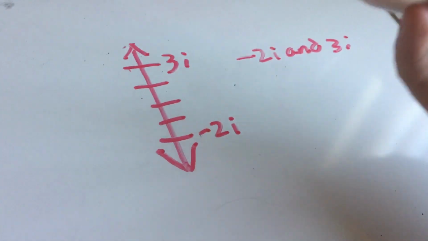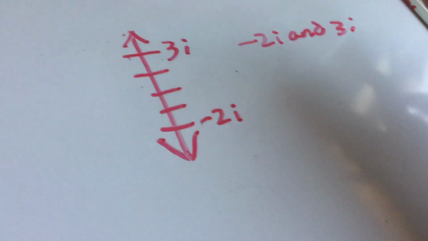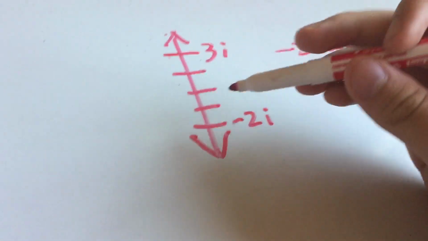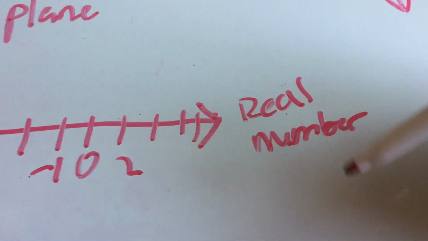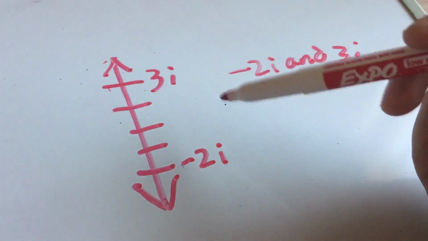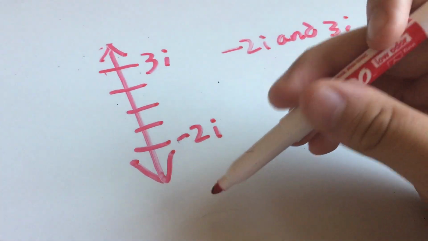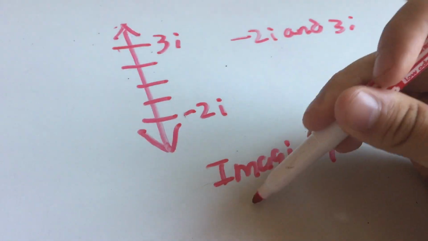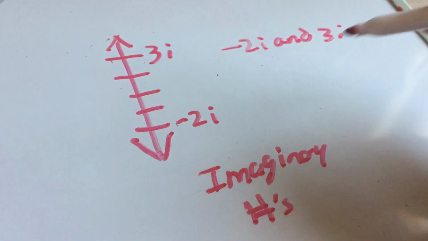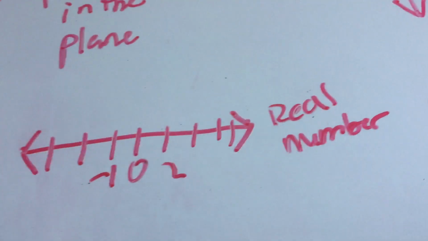It's just like ordinary plotting points, except the horizontal x-axis is your real number, and the y-axis is your imaginary number.